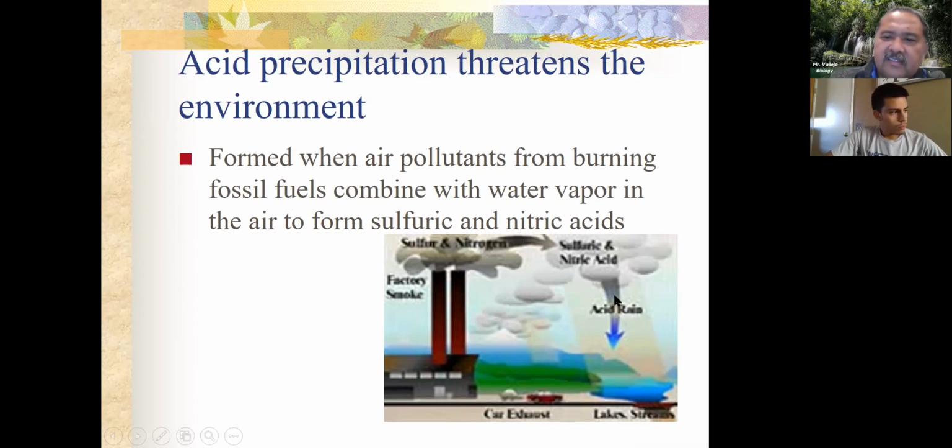And when it comes down, it comes down as acid rain because the sulfur and the nitrogen will react with the water in the atmosphere to form sulfuric acid and nitric acid. And then that's where you get acid rain. In California, we have more of a problem with nitric acid because those are the chemicals that form not from factories, but from car pollution.